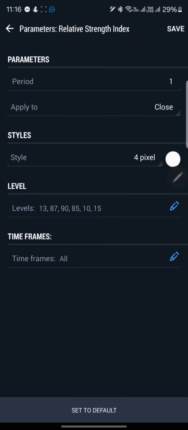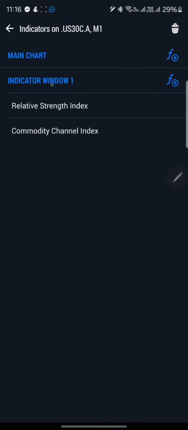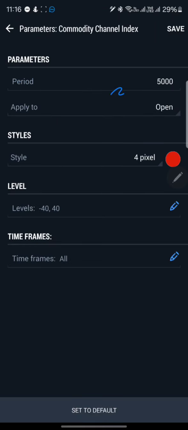Okay, then you click done, and once you click done, you're going to click on indicator window 1. You're going to click on this F plus sign over here, and then you're going to search for commodity channel index. Once you have that, these are the settings. So we're going to have period 5000, apply to open, any color of your choice.